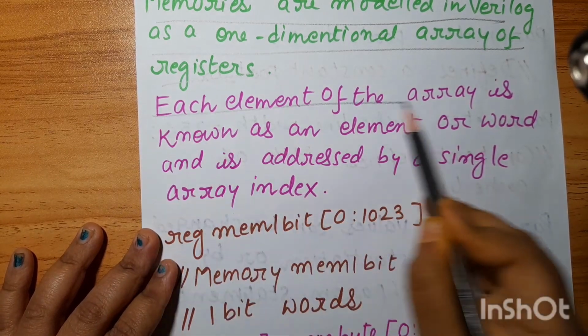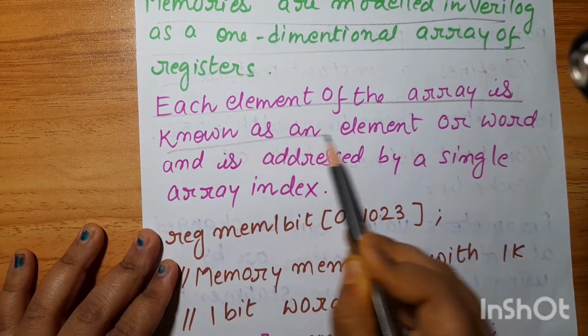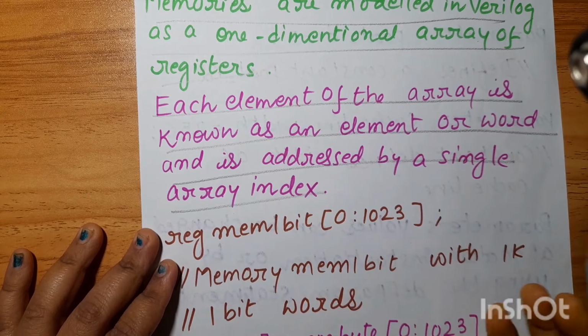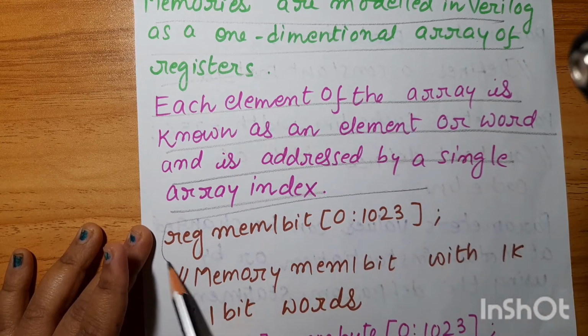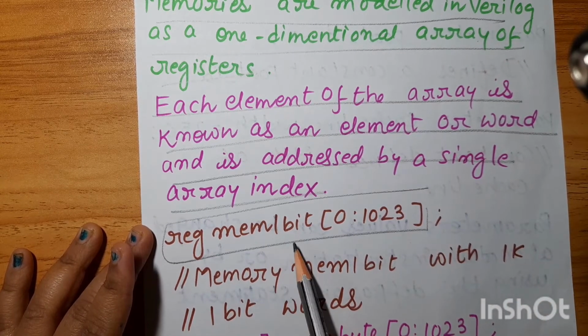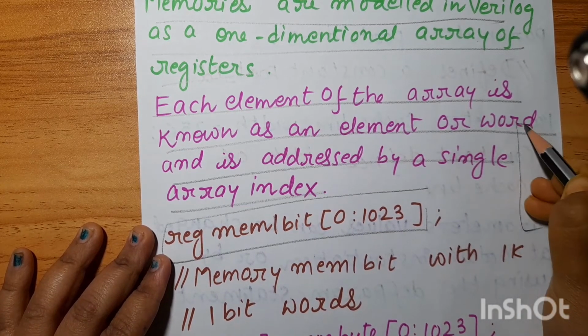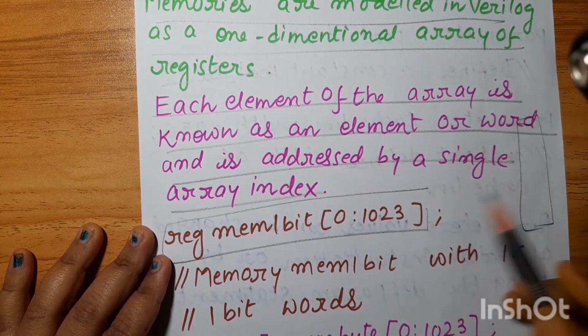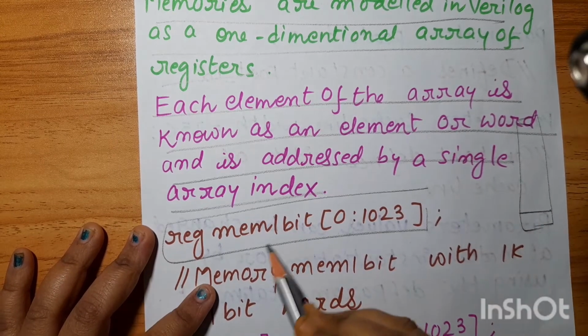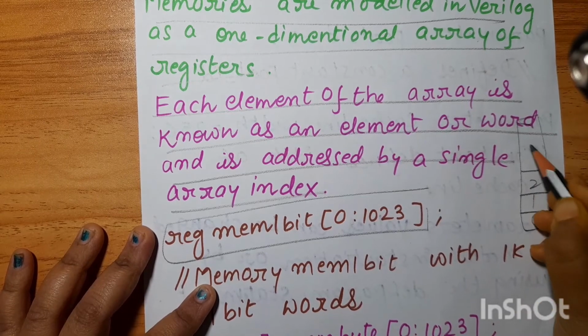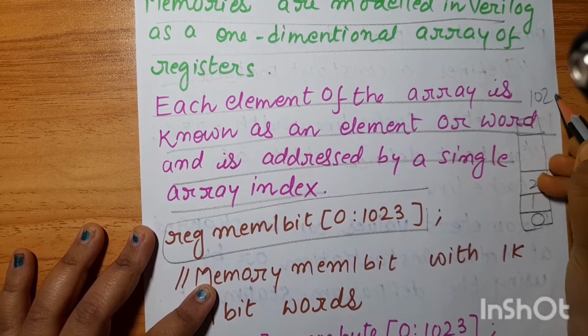Each element of the array is known as an element or word and is indexed by a single array index like this. Reg mem 1 bit 0 to 1024. That means there are 1024 elements: mem 1 bit 0, mem 1 bit 1, mem 1 bit 2 up to 1023.